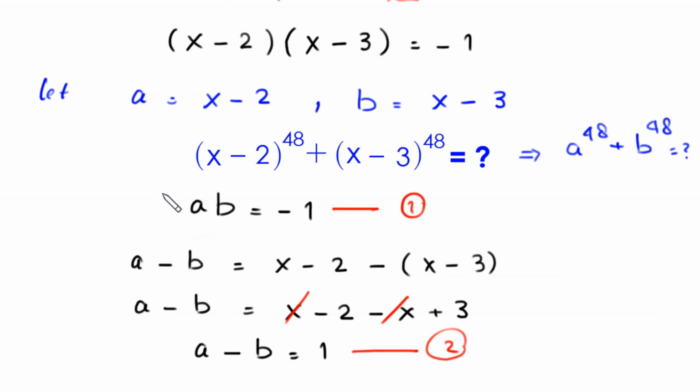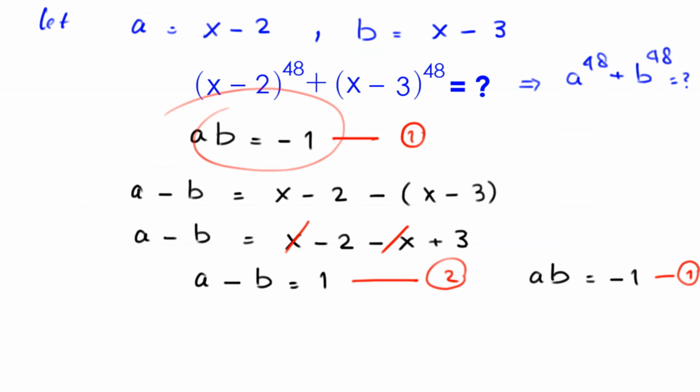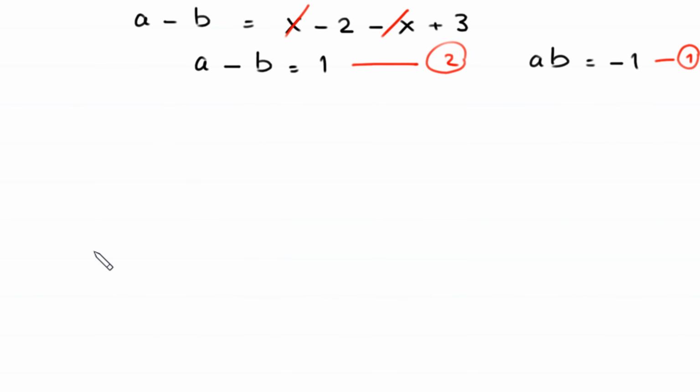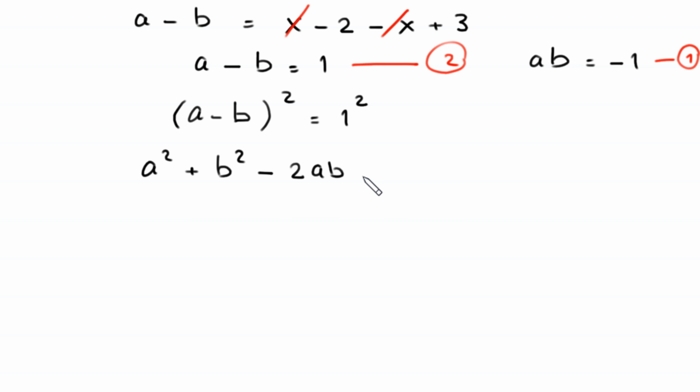And we copy equation 1, a times b equal to negative 1. Now we square both sides of equation number 2, so this will become (a minus b) whole squared equal to 1 squared. This will become a squared plus b squared minus 2ab equal to 1.